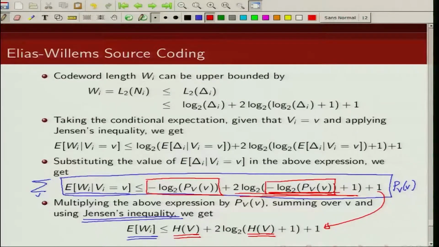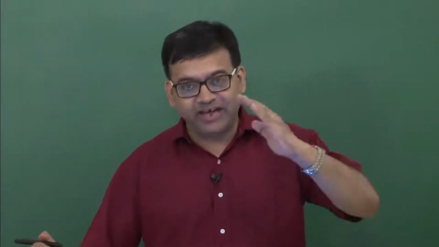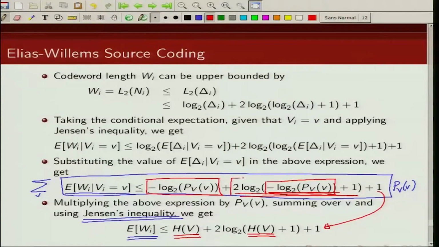Again, I used two things. I multiplied both sides by probability of V, summed over all V, and I invoked Jensen's inequality, which says that if you have a concave function, then expected value of the function is less than or equal to function evaluated at the expected value. And that's what I used here.